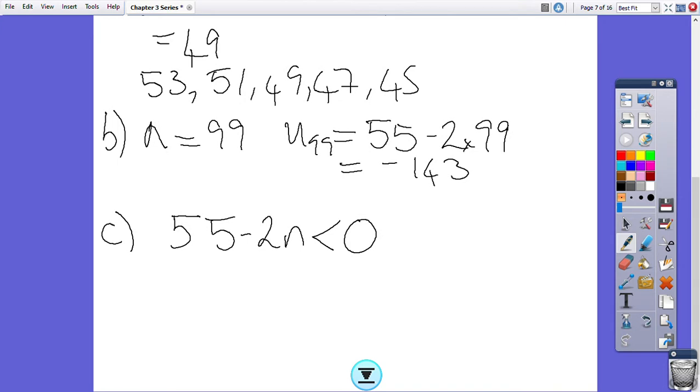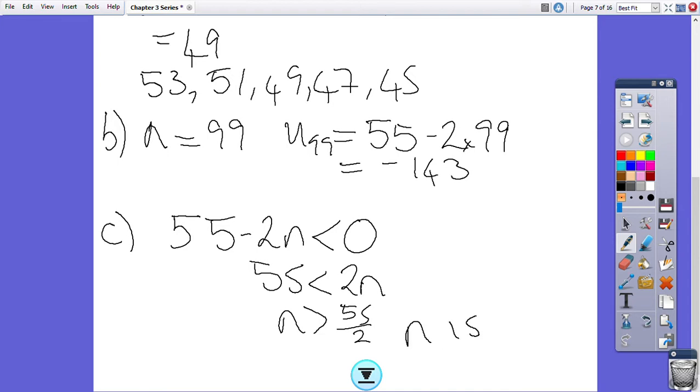So what we will get is 55 is less than 2n, so that n is bigger than 55 over 2, which is going to be the first number that's bigger than that. Well, 56 over 2 is 28, so n is 28.